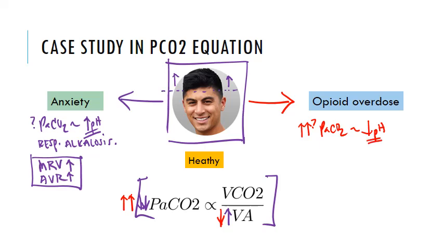As his pH becomes more acidic, this is causing a primary respiratory acidosis. And to put this in context of the minute ventilation rate as well as the alveolar ventilation rate, both of these are going to go down.